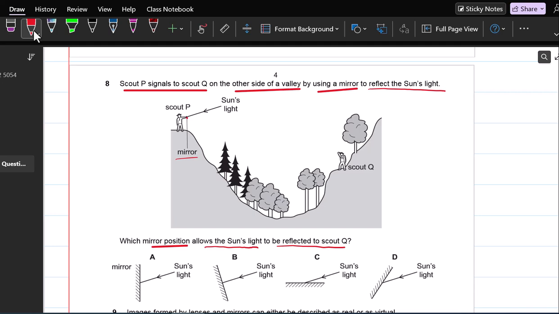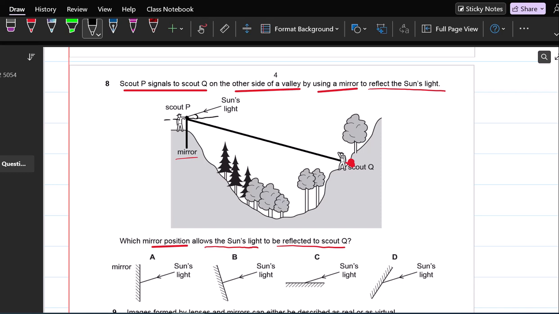Okay, so here we need the light. I think a straight mirror is going to be used. If I have this as a mirror, this is the point of incidence, and here we have a normal and the angle of incidence, and the light is going to go somehow like this.